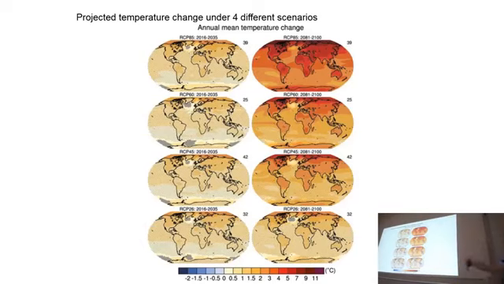It's only once you start getting out to 85 years into the future now, we really start to see a difference between our emissions choices. So choices we're making now about what kind of economy we're going to have, how much carbon we're going to be burning, won't matter for the next 20, 30 years or so, but will matter for the future.